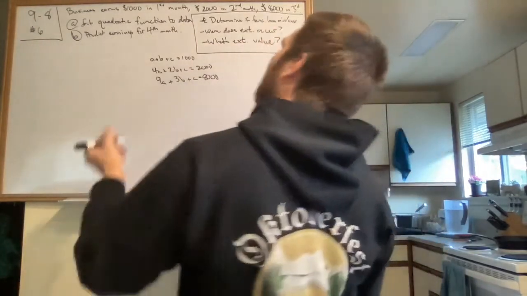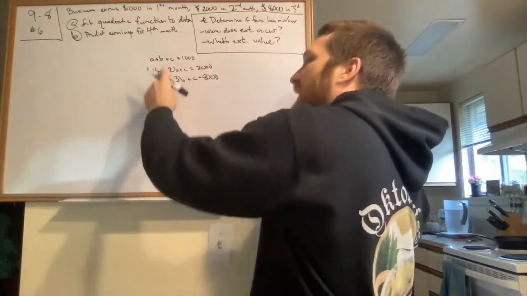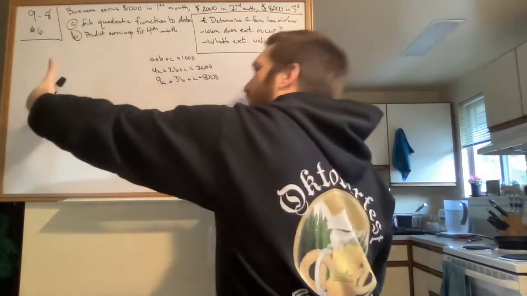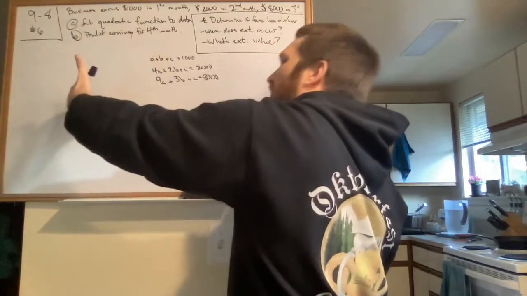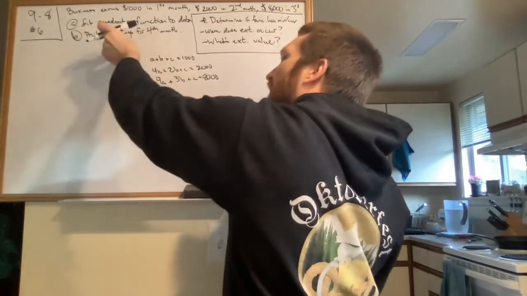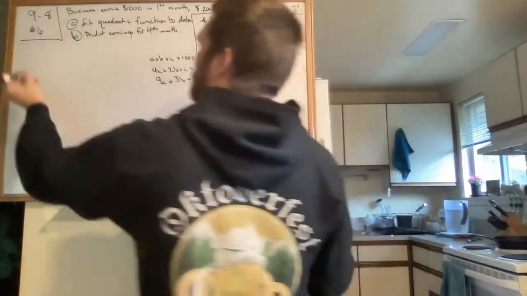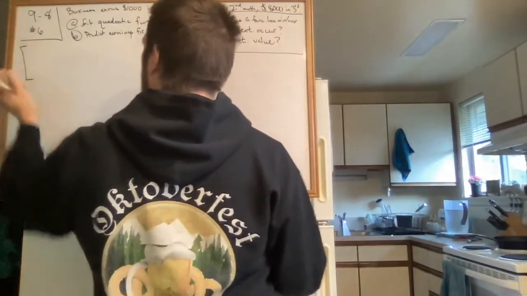Everything's lined up in nice columns. My first column will be my A's. My second column will be B's. My third column will be C's. And my fourth, my augmented column, will be these output values right there. Let's go ahead and write that down in matrix form.